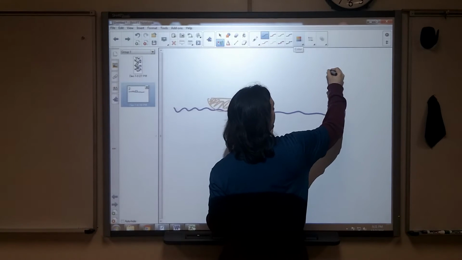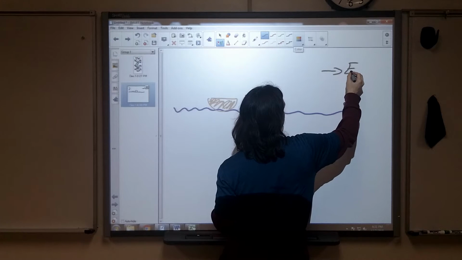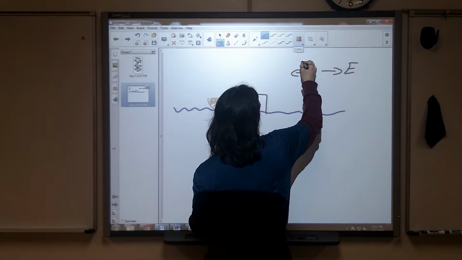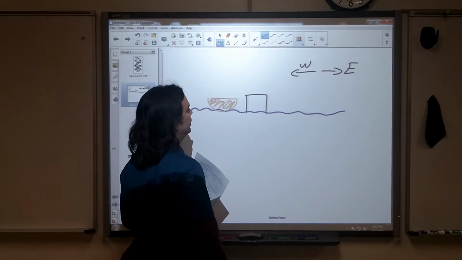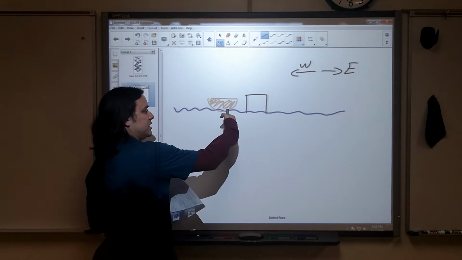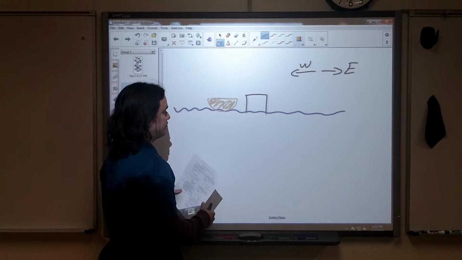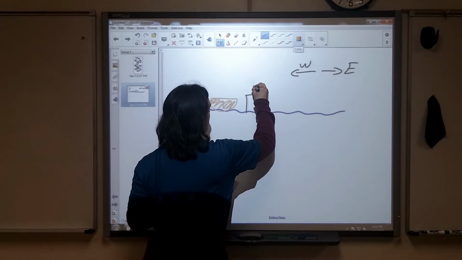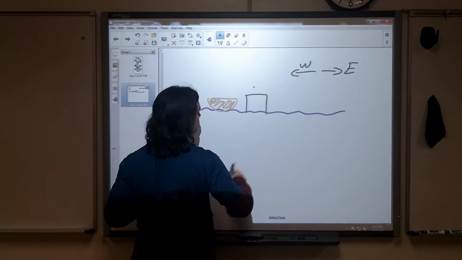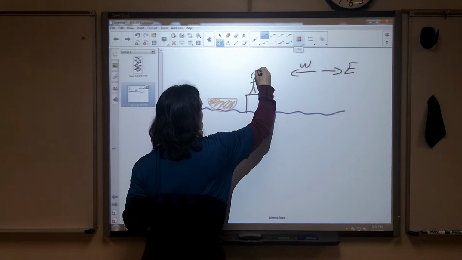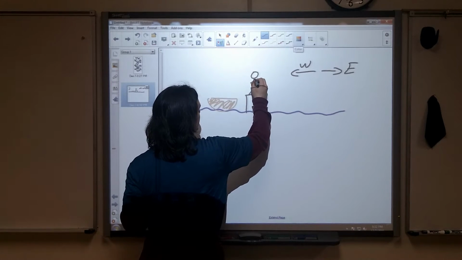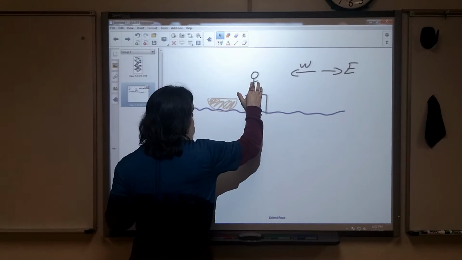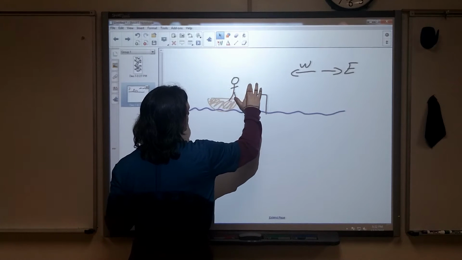Now, I'm going to point out that this way is east. That makes this way west. I guess at that point, north is into the board and south is back towards you all. Okay, we've got the fisherman. And the fisherman is going to jump off of the dock into the boat.